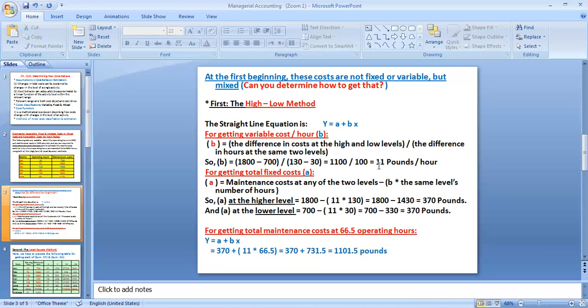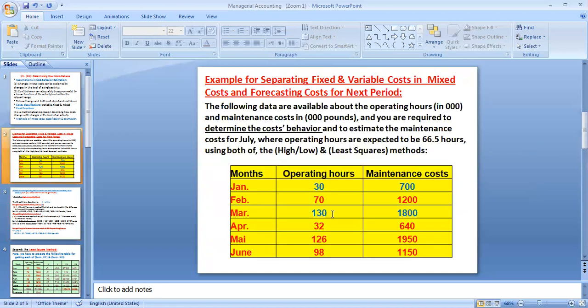And variable cost per hour equals 11. Now we have separated fixed cost and variable cost. Can you estimate, forecast the cost at any level? Okay. If I asked you to determine the cost at 20 hours, can you? No. Why no?